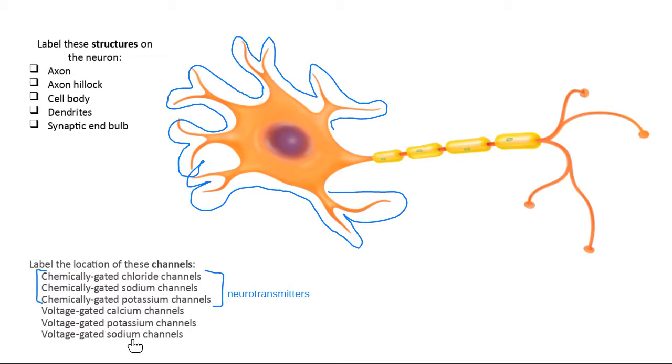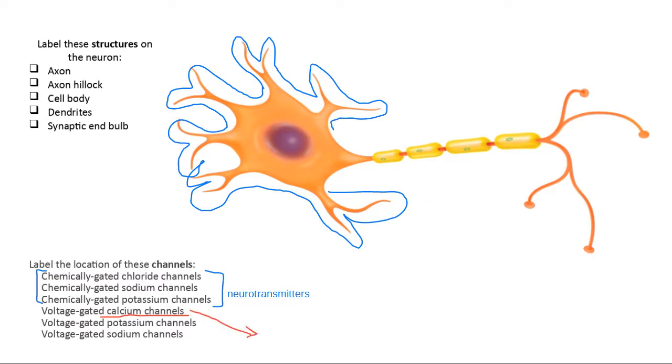Voltage-gated sodium, voltage-gated potassium, voltage-gated calcium. One of these 3 types of channels I do not find along the axon. Who does not live along the axon? Yeah, Kira's right. It's the voltage-gated calcium channels.